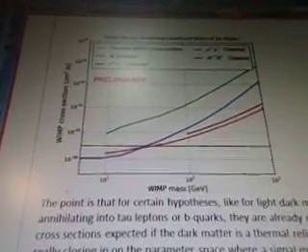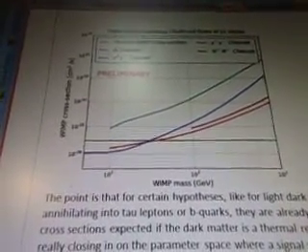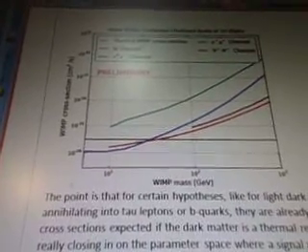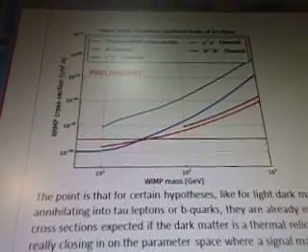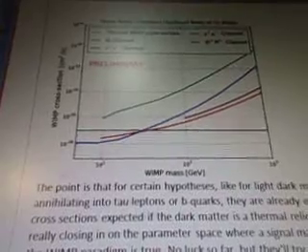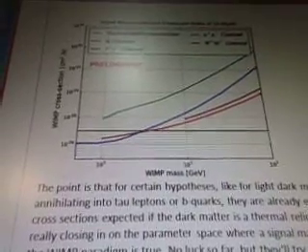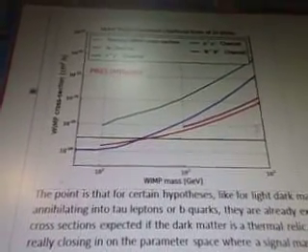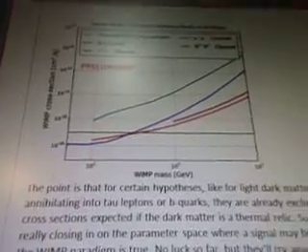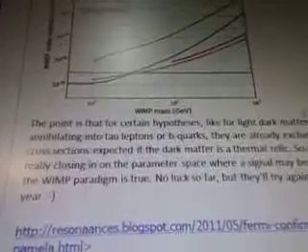There's another graph there. The point is that for certain hypotheses, like light dark matter annihilating into tau leptons or b quarks, they are already excluding the cross sections expected if the dark matter is a thermal relic. So they're really closing in on the parameter space where a signal may be lurking if the WIMP paradigm is true. No luck so far, but they'll try again next year.